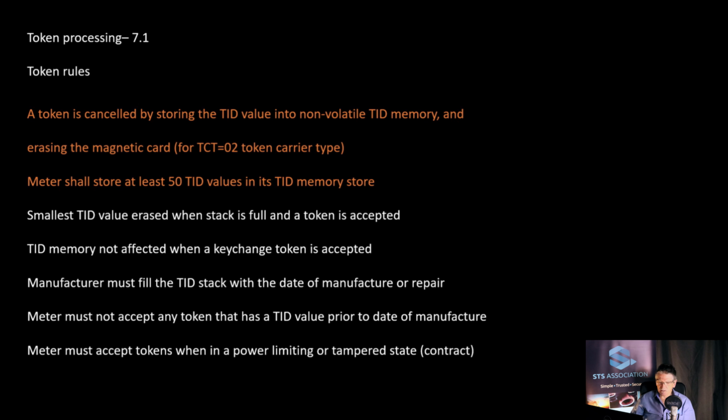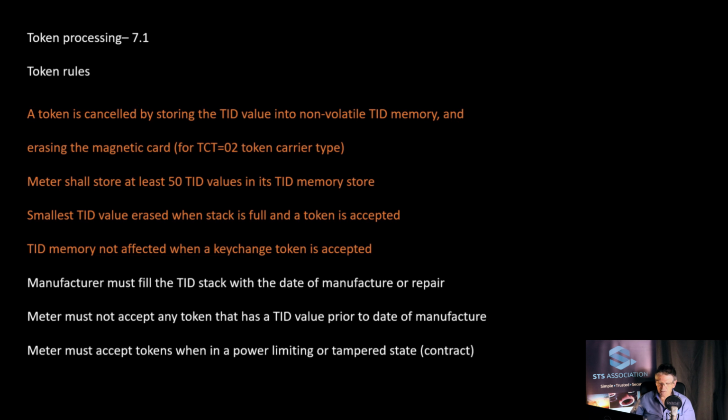The smallest TID value is erased when the stack is full and a token is accepted. In other words, the one that was entered right at the beginning. The TID memory is not affected when a key change token is accepted, and that's because a key change token does not have a TID inside it. So only tokens with a TID are written into this TID stack.